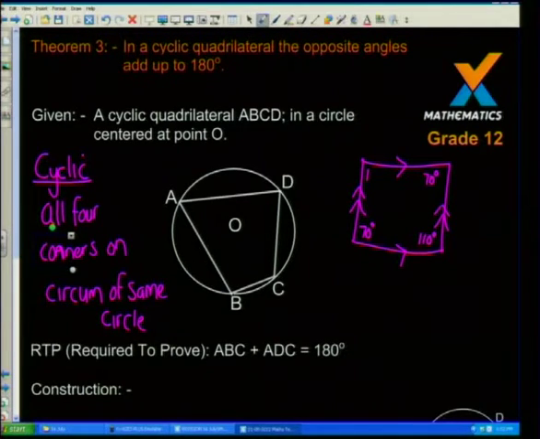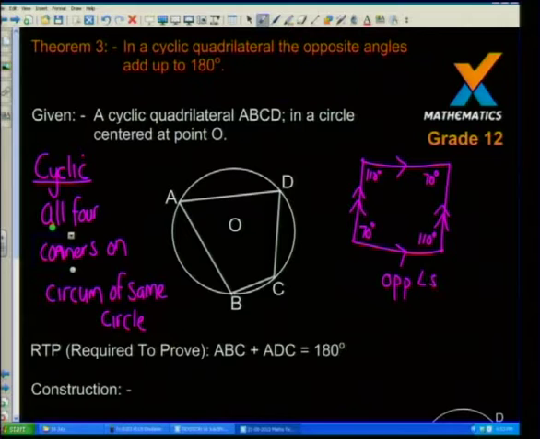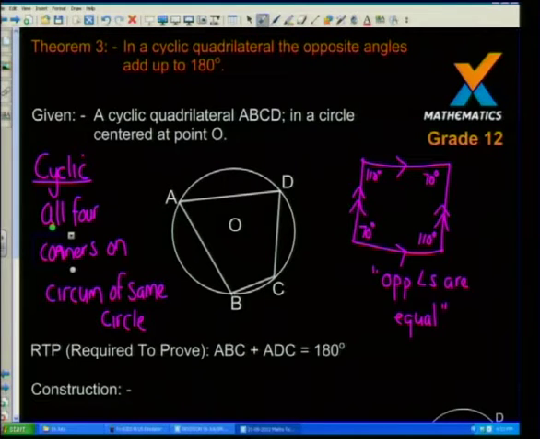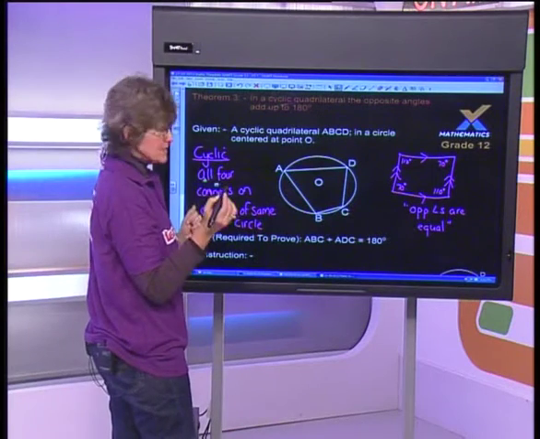And this would be 110 because of co-interior angles. So can you see here the opposite angles are equal? Okay, this is something a little bit more special. If you have a cyclic quadrilateral, they are saying that the opposite angles add up to 180. Not that they are equal, but they add up to 180.